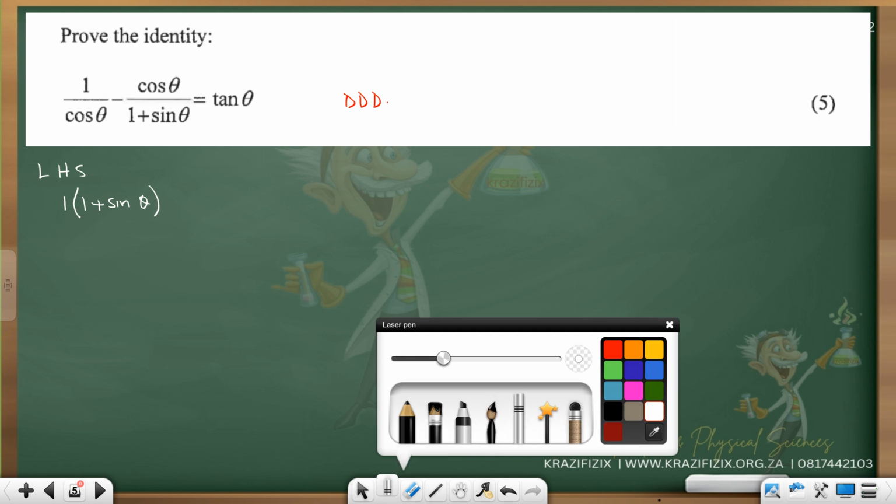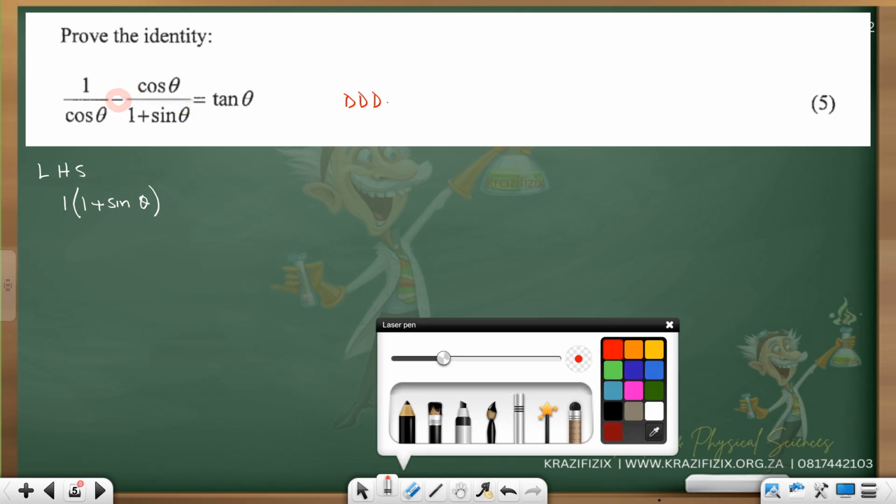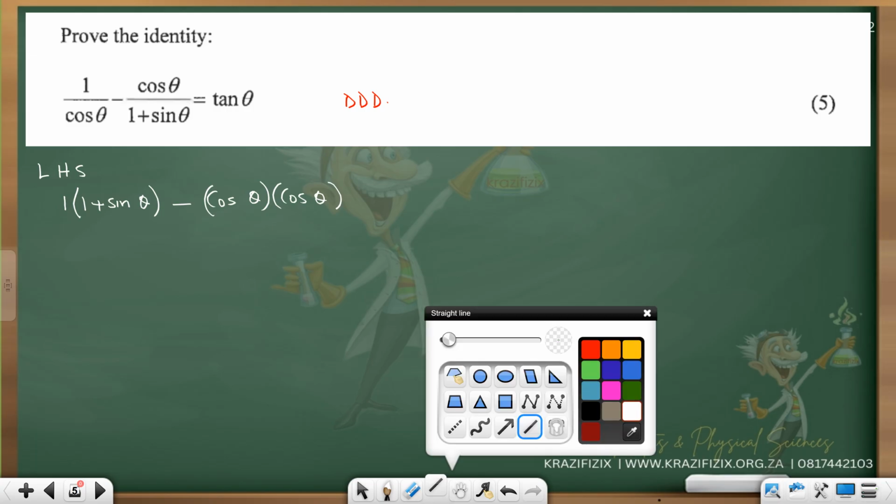So what have I done here? I have taken this, let me use red. I have taken this and multiplied, don't worry about the sign, 1 times 1 plus sine theta. Now my negative sign is in between, so I'm going to put a minus, and then I'll multiply across cos theta times cos theta. I'm going to do it like this first, so that everyone can see and follow through. All right?